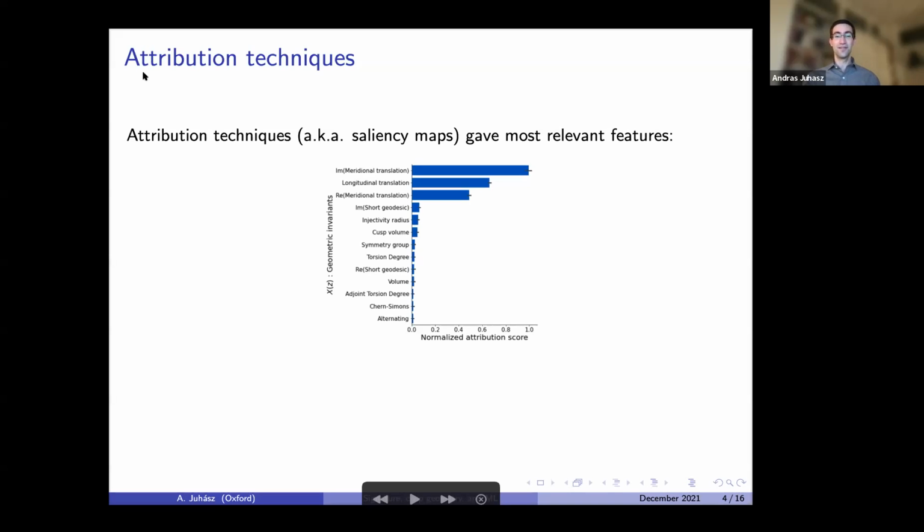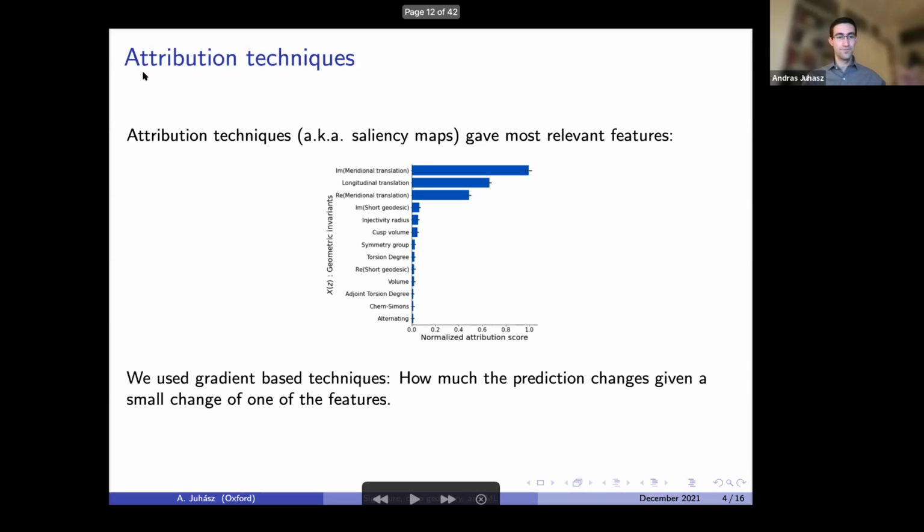And it turned out that the 3 most predictive ones were the imaginary and real parts of the meridional translation, the longitudinal translation, and then there was weaker signal in the complex length of short geodesics and the injectivity radius. These seem like they are less important, but you will see later that they actually turned out to be crucial to finding the right conjecture.